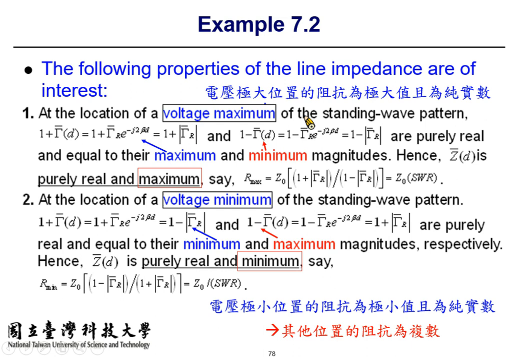According to the reflection coefficient, here you have a voltage minimum. So where is the location of voltage maximum? On the right hand side. Well, I didn't draw this quite correctly. For a more general case, it is this.